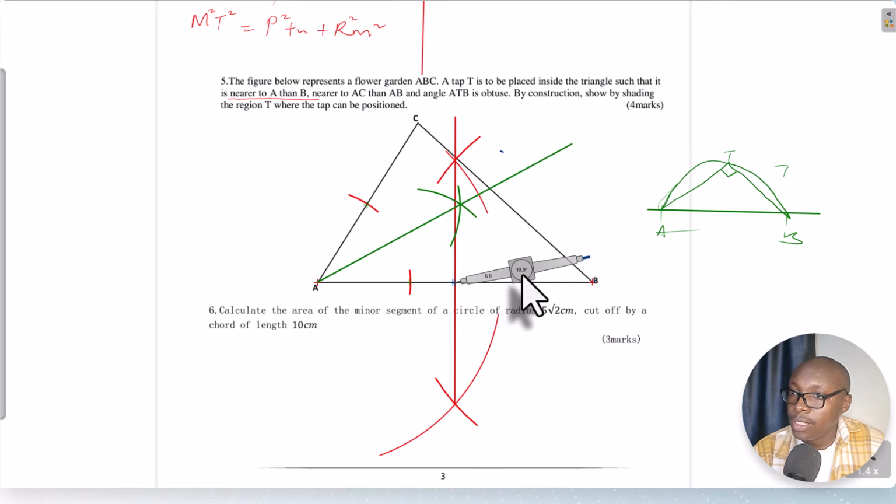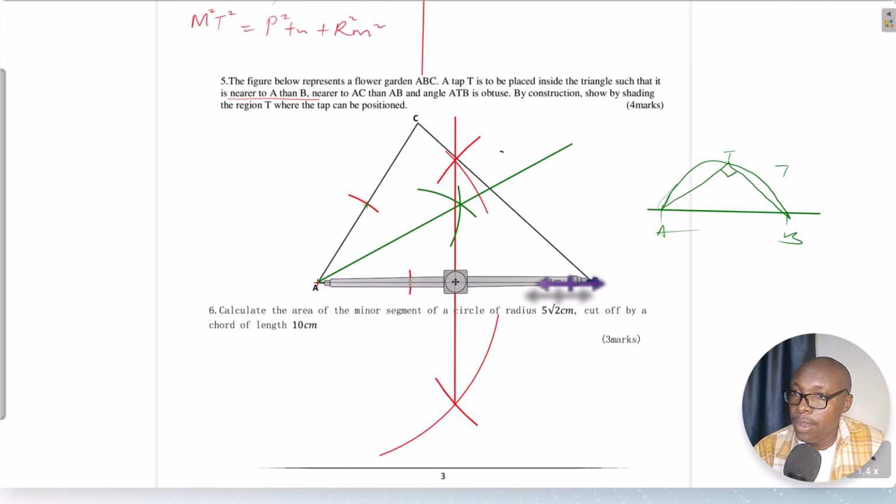So just the center of that line AB, let me see. Let me get the measurement of that line AB so that I can establish the center.